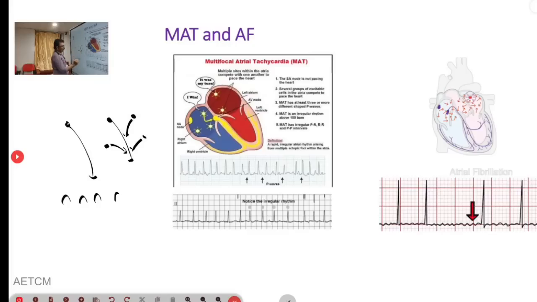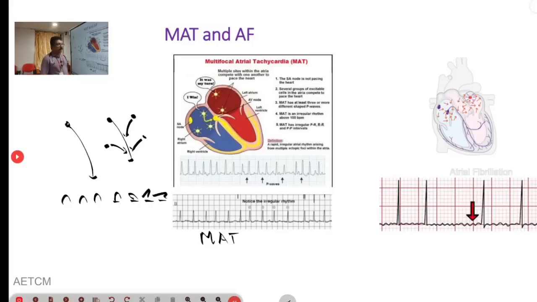So the first one will be like this, the second one maybe like this, the third one like this, the fourth one like this. So different morphological P waves. This is called as multifocal atrial rhythm. If the heart rate is more, we call it multifocal atrial tachycardia. This is a classical finding you see in hypoxemia.